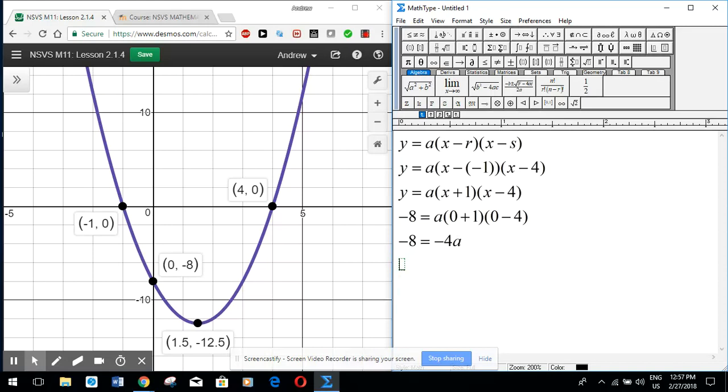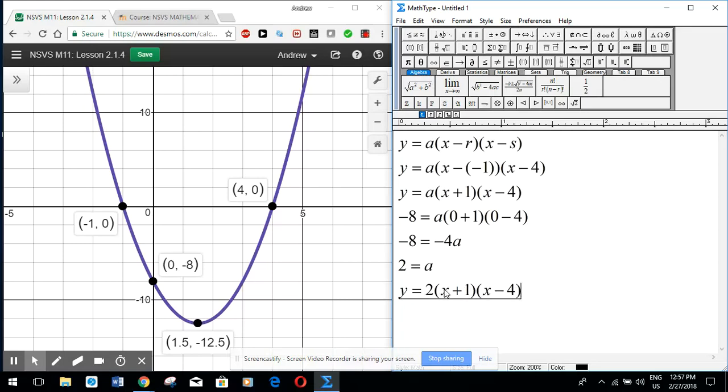Divide both sides by -4, we get 2 is equal to a. Factored form of this graph would be y equals 2 by x plus 1 by x minus 4.